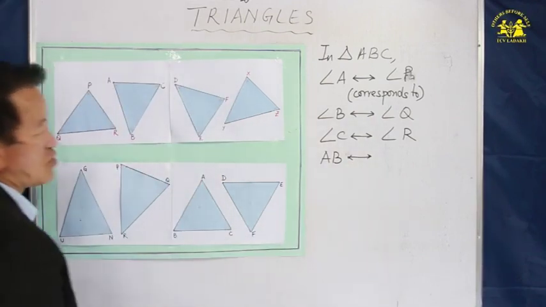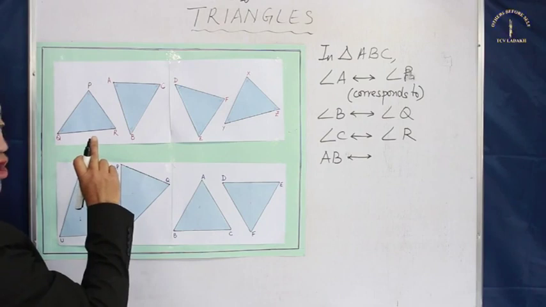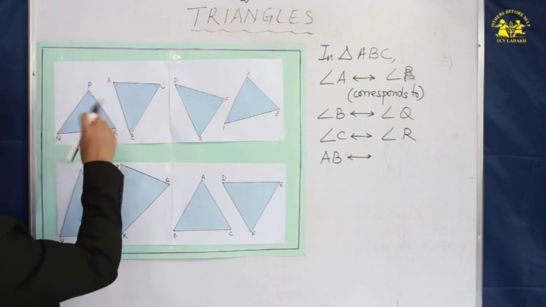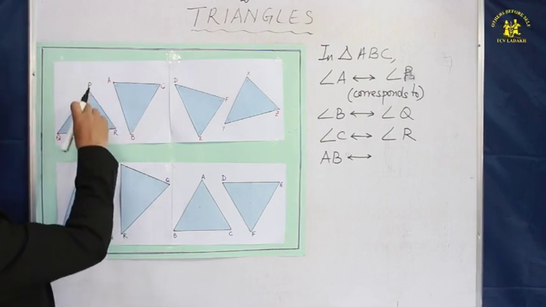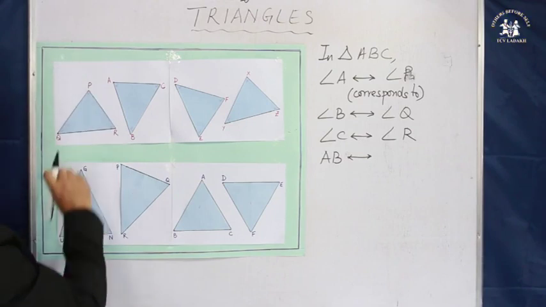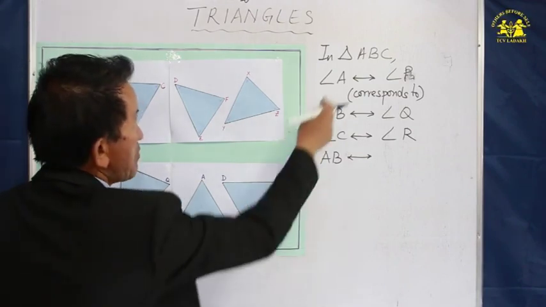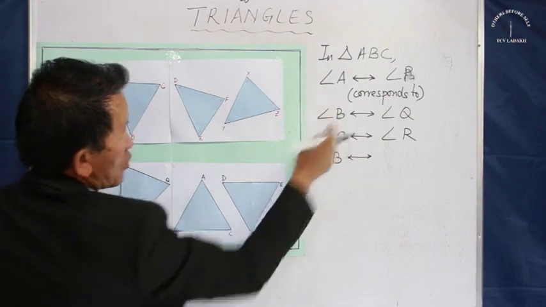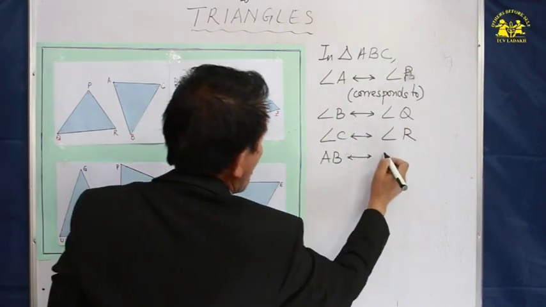Similarly, side, let's say side AB, corresponding sides of AB on triangle PQR. Let's see, AB. So corresponding side will be PQ.